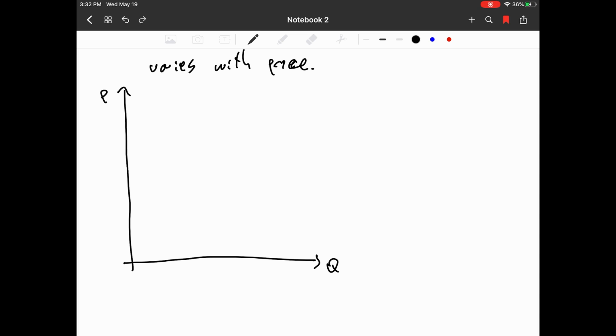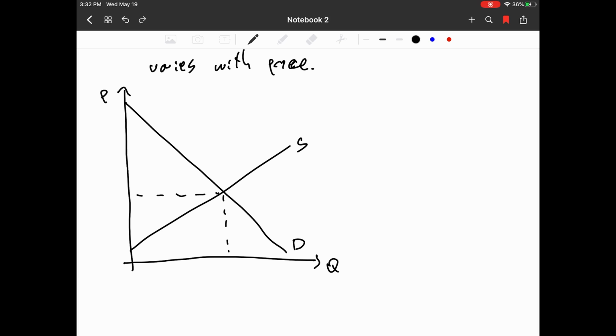So if that's your preference, I fully support that. It's no diminishment of your economics intuition. Okay, so in the absence of tax, we have an equilibrium, which is the intersection of the price and the quantity.